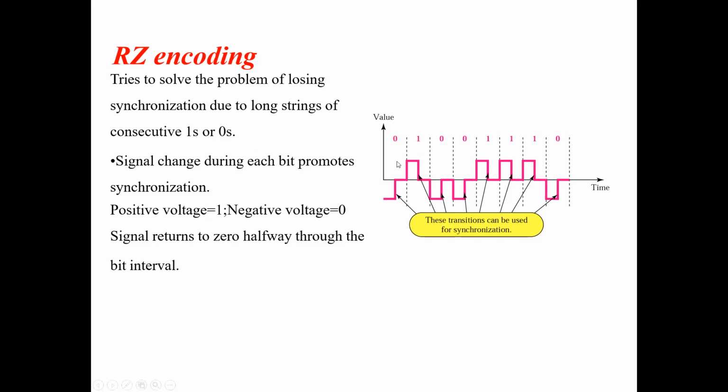It is not covering the whole pulse; it drops to 0, and again changes in between. In the previous one, the signal went directly from one level to the other. Here in between, the signal changes its state. So that is called return to zero encoding.